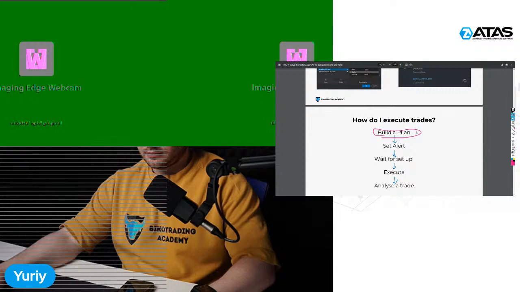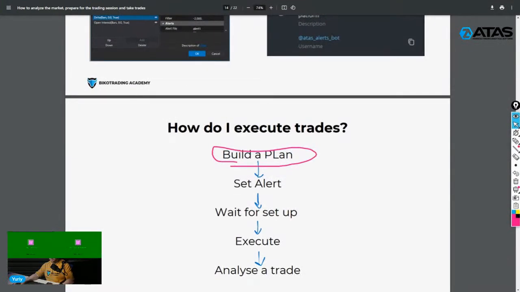When you have clear patterns, you simply understand what you're looking for.